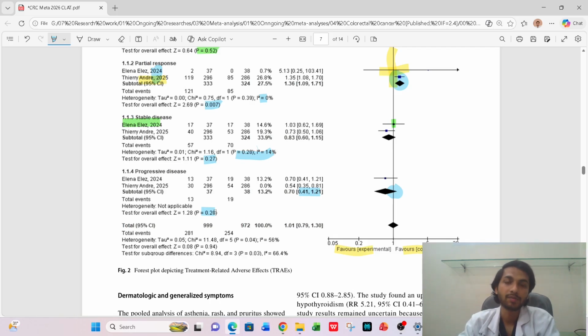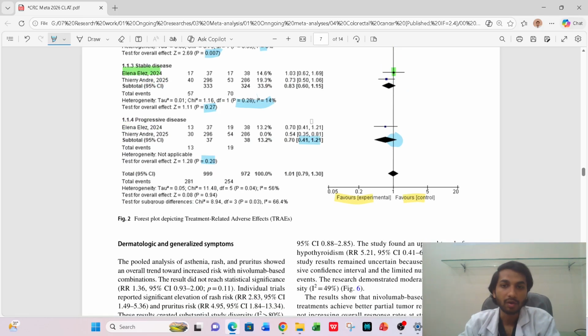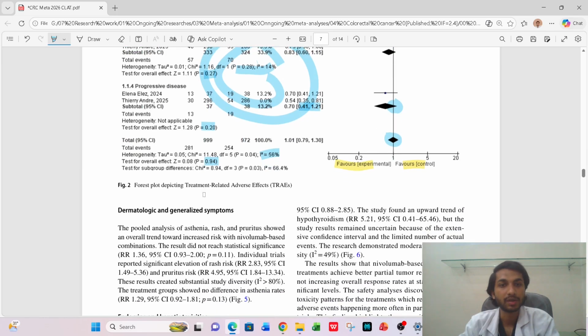Whatever results you get from your analysis, you have to mention that. And after that, the diamonds of all the subgroup analyses you have to mention, and the final super result, and the super result is here. Okay, so heterogeneity is moderate, you have to mention that the p-value is not significant, so heterogeneity is very high.